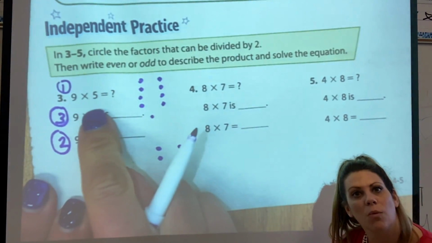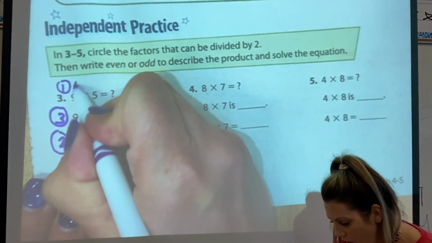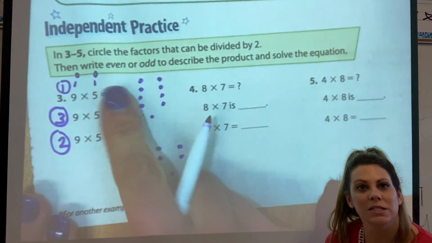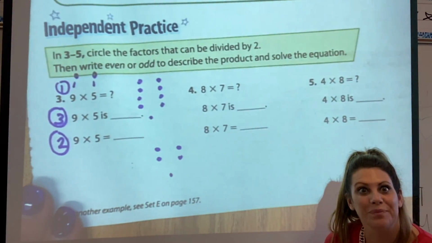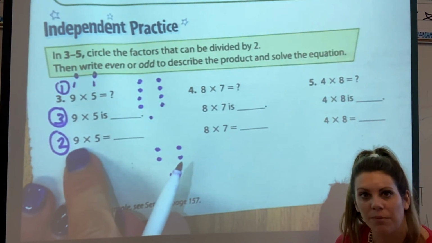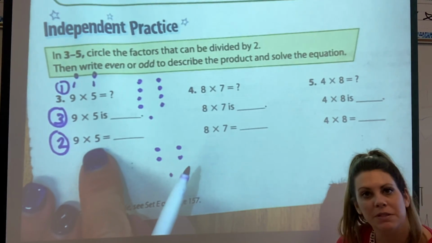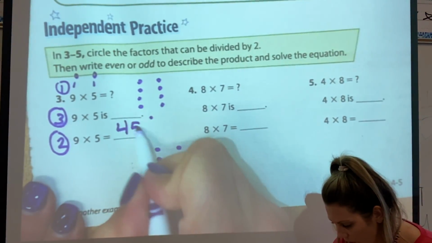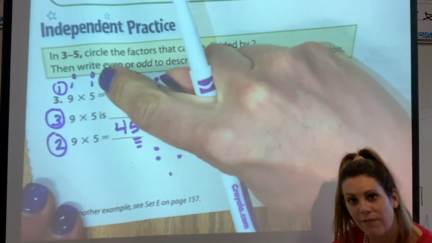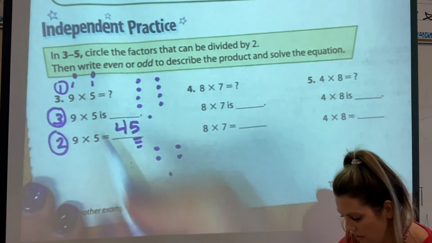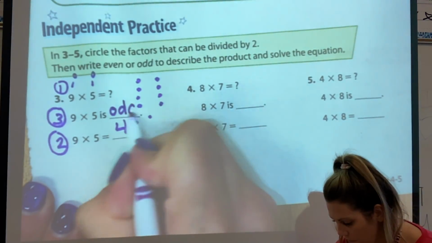Both of those are what? These are both odd. And we know an odd times odd equals what? Do you remember? Let's check. Let's skip down to the second part. 9 times 5 equals what? 45. If we look in the ones place, you just told me 5 is odd. So 9 times 5, or 45, is odd.